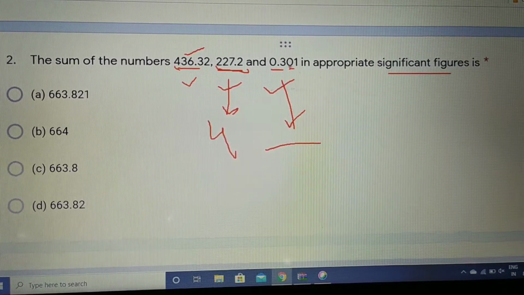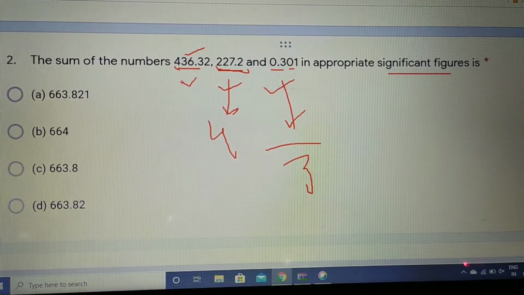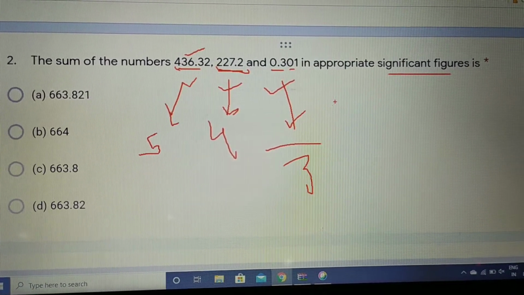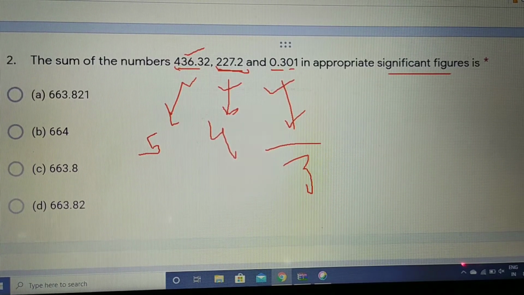So in this number 3 significant digits are there. And this number we have already discussed has 5. Now let us see the minimum significant figures out of the 3.